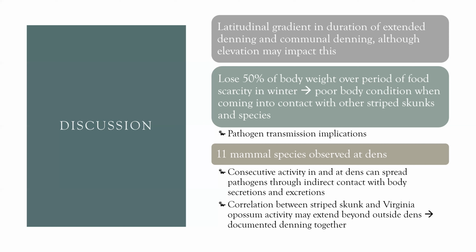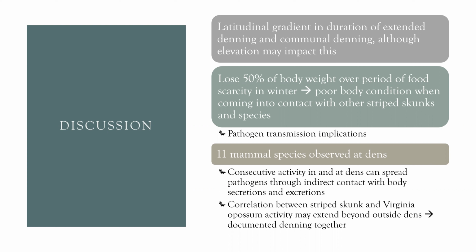Again, 11 mammal species were observed at these dens, and even though they were not all there at the same time, and I cannot confirm that they were actually denning in the dens, it's a very common practice for striped skunks and also other species to mark territory with feces or urine, which could include den sites.